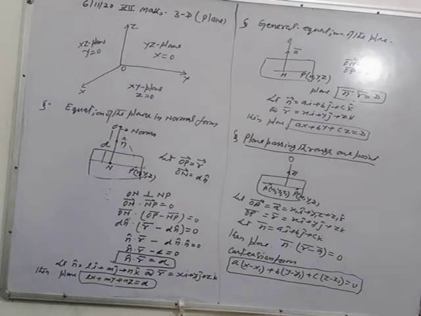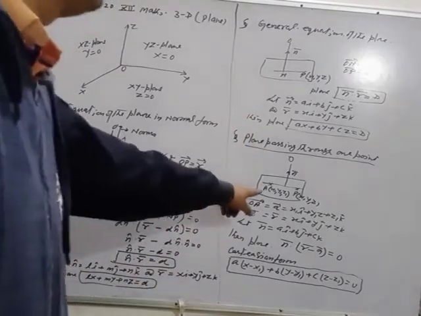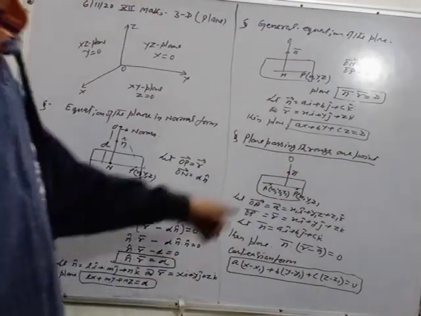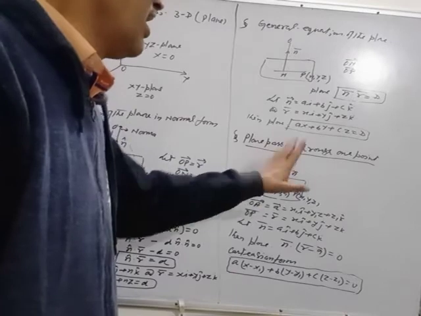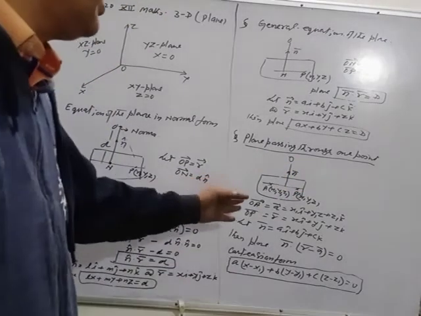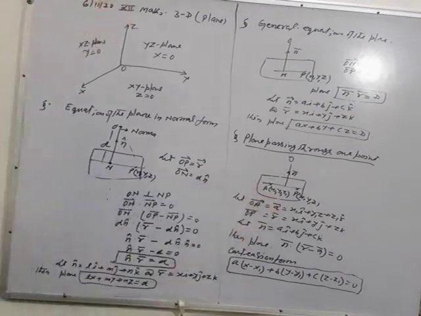Okay. Now plane passing through one point A, whose coordinates are x1, y1, z1. Vector along the normal is n. P is variable on the plane. So let OA in vector form, you can write OA means position vector of point A, that is x1i plus y1j plus z1k. OP is r, xi plus yj plus zk, and n you can take as ai plus bj plus ck.